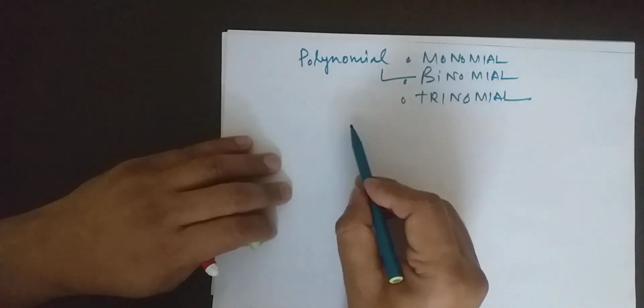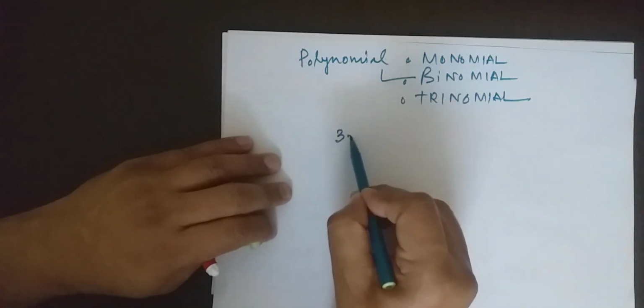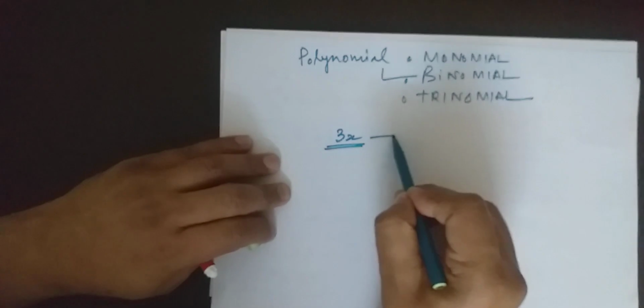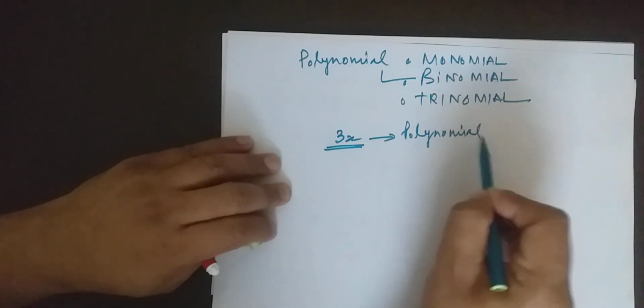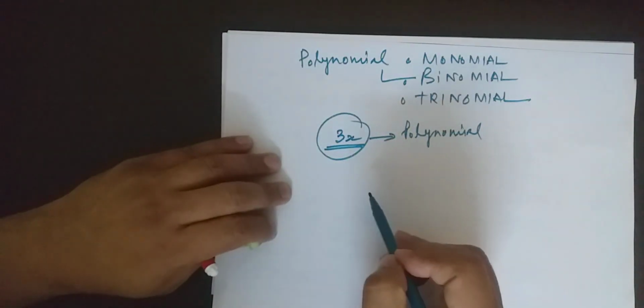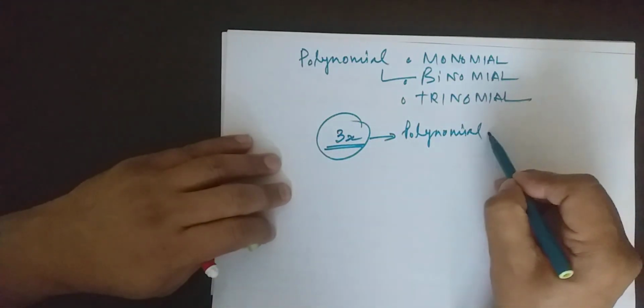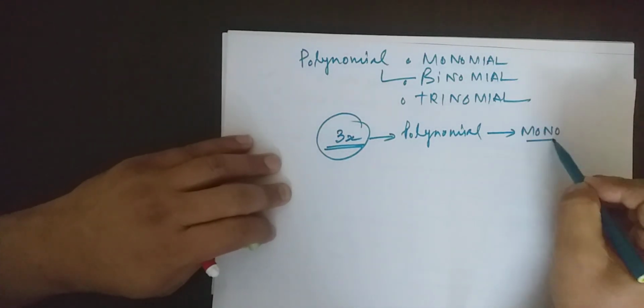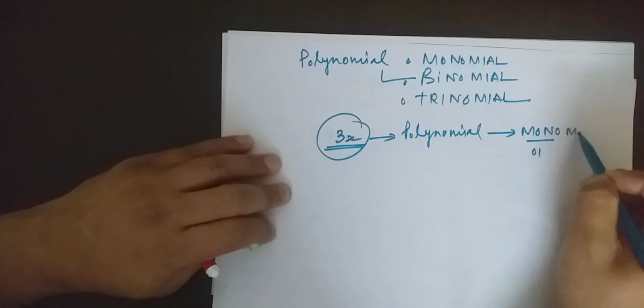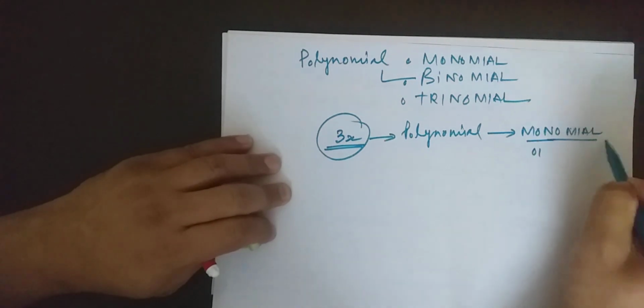So any algebraic expression which qualifies to be a polynomial, and which has only one term in it, such an expression will be known as a monomial. Mono means one, so it will be a monomial.